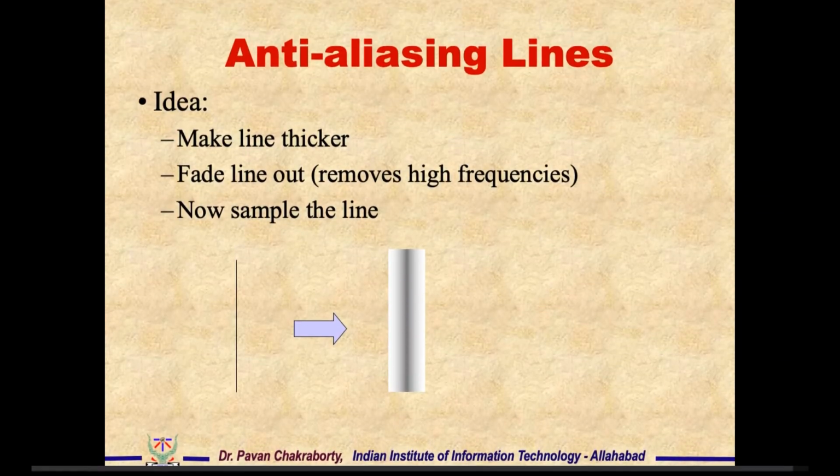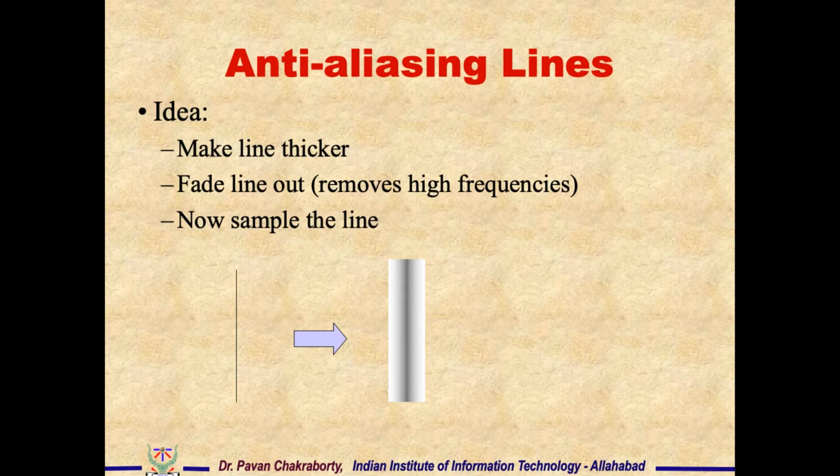Now, if we take a profile around the line, that is, if we convolve the line with a function, say a Gaussian function, then the line would be spread over a larger number of pixels, and therefore the effect of this box-like effect will go away.